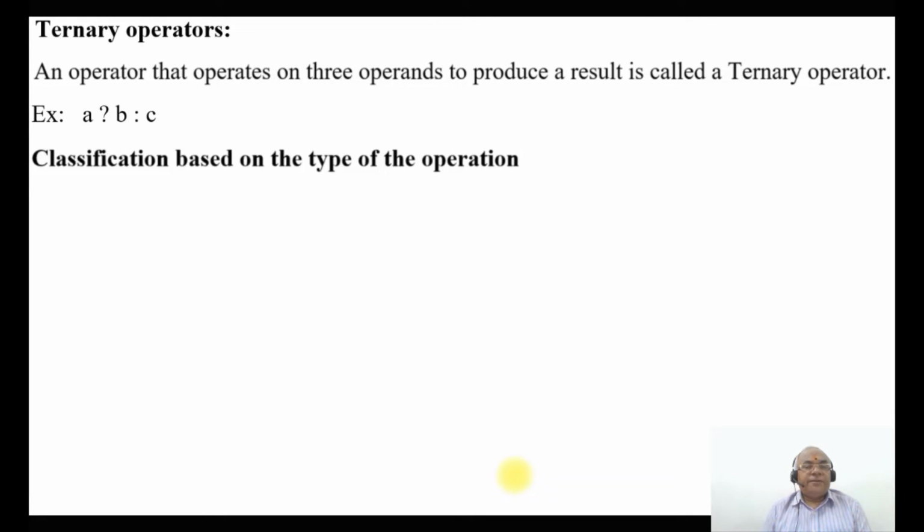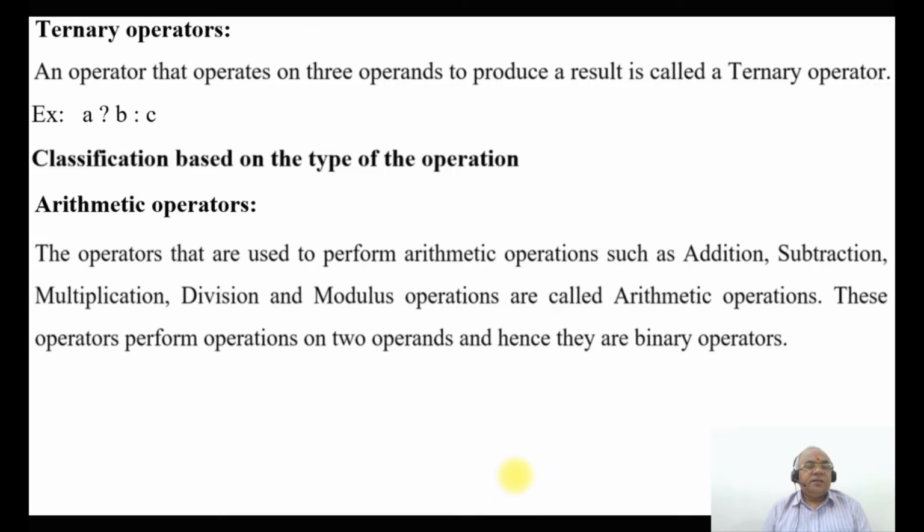Classification based on the type of operation. Arithmetic operators are the operators used to perform arithmetic operations like addition, subtraction, multiplication, division, and modulus. These operators perform operations on 2 operands, and hence they are binary operators. For example, addition: 4 plus 2 becomes 6.